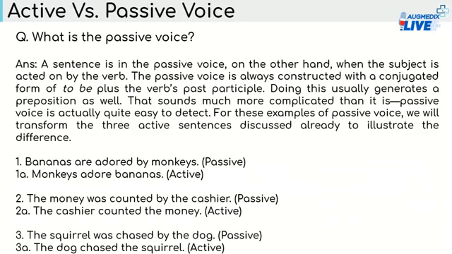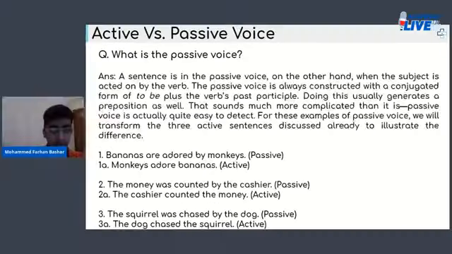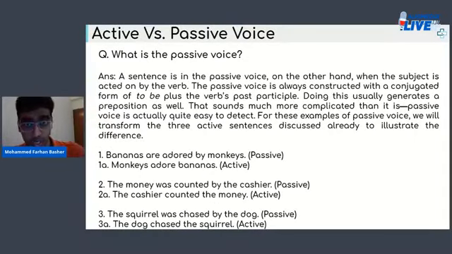I teach English. Follow this. When I say I teach English, the focus is on the subject, the pronoun I. But if I change this sentence from active to passive voice, it becomes English is taught by me.